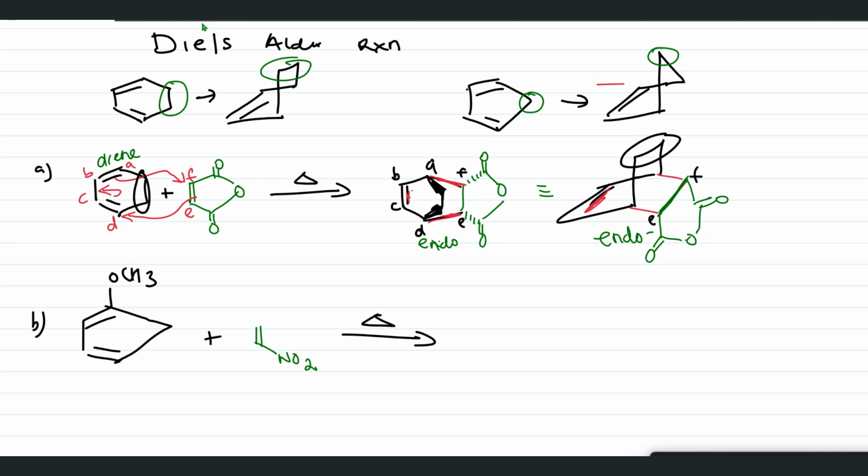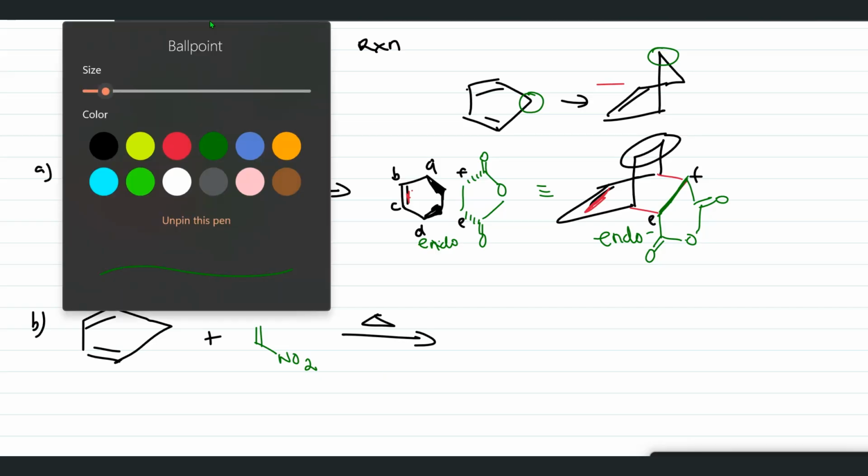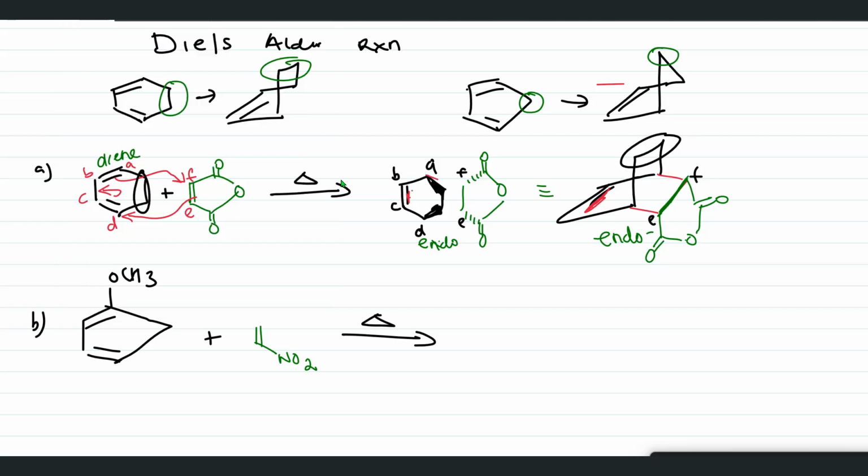Because the inside's always wedge, I know that. The reds are not wedges, by the way. They're the black ones, because you don't want the big groups to be on the same side. That would be exo. They will crowd in space. So this has to be far away from the black one.